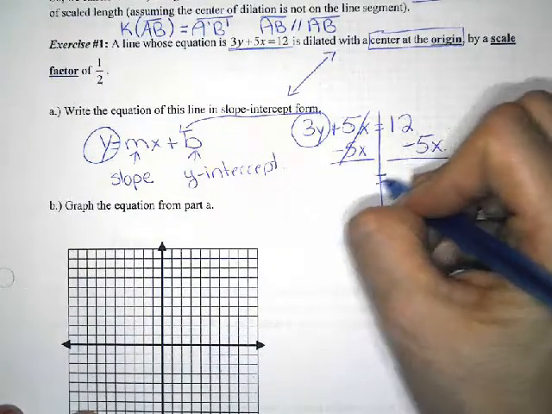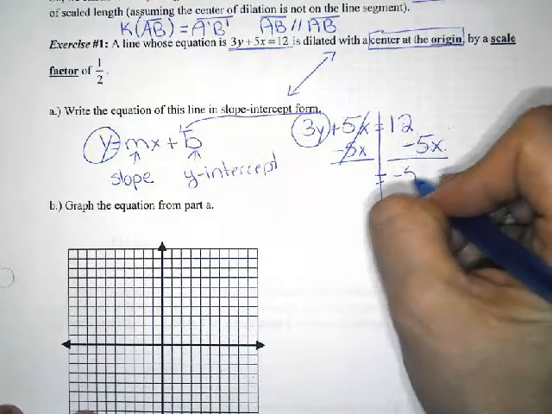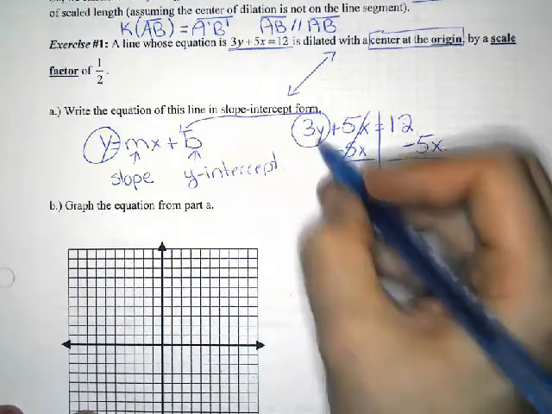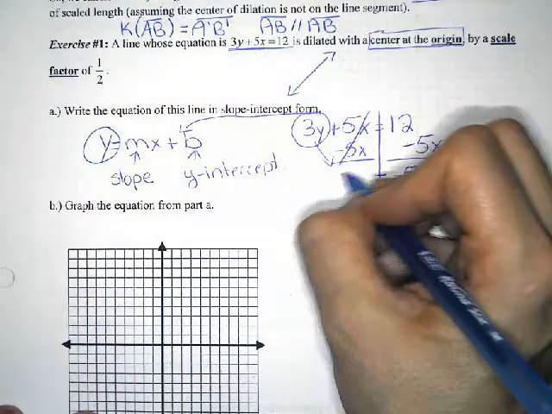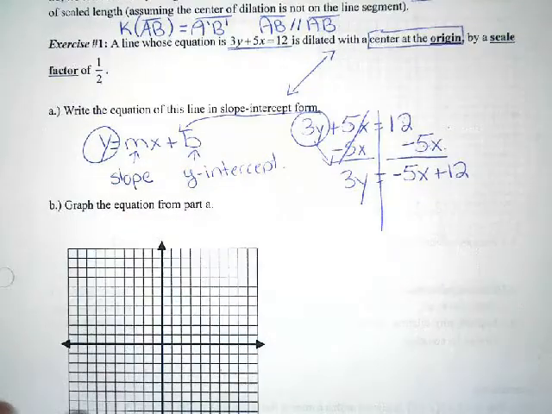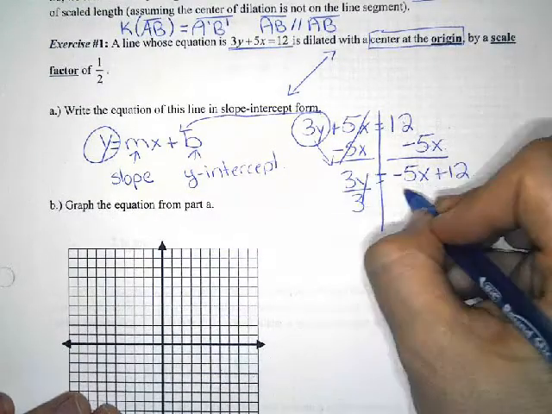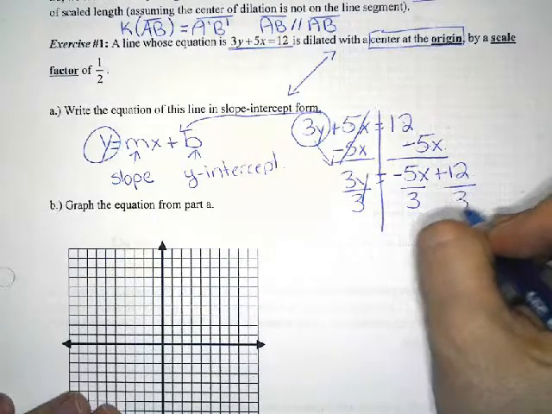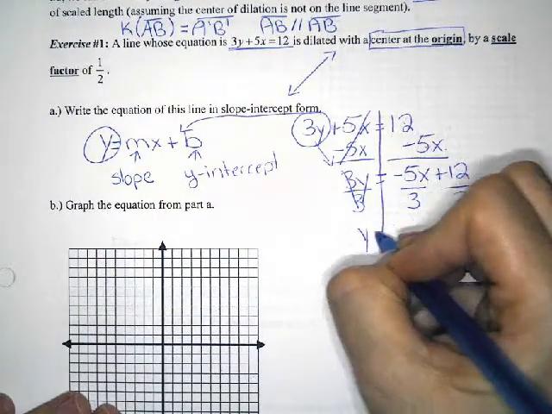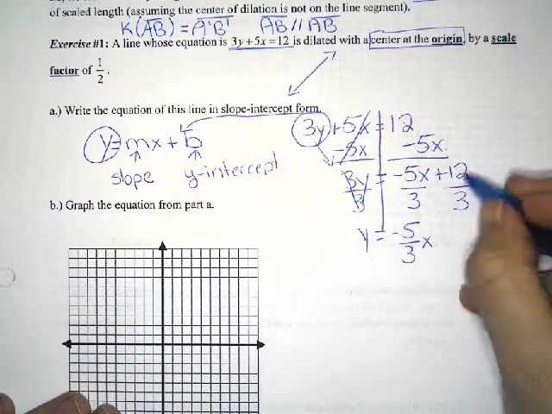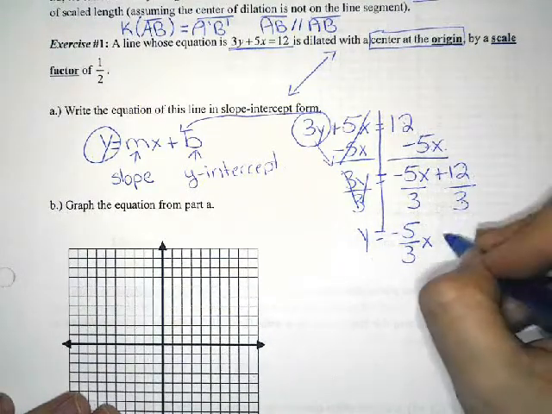It is really just these two kept separated. All I need to do is bring down the 3y. Okay, from here, divide by 3. And we really can divide this, so that turns into plus 4.